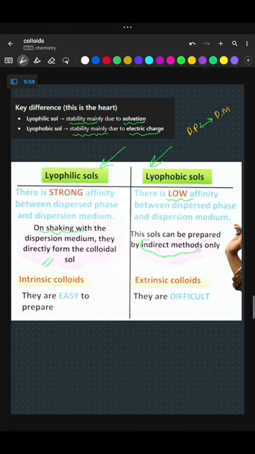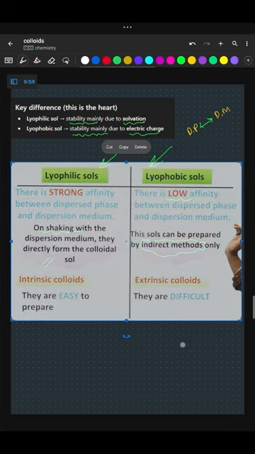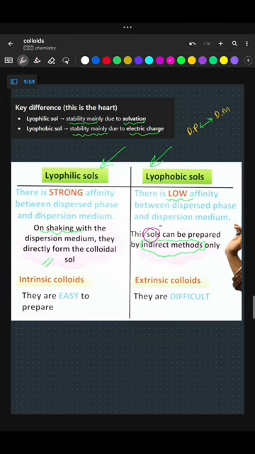It needs some methods to create lyophobic sols. You cannot directly turn them into colloidal solution. Here the term sol basically means colloidal solution. It is used as a shortcut, since saying colloidal solution every time is a long phrase.